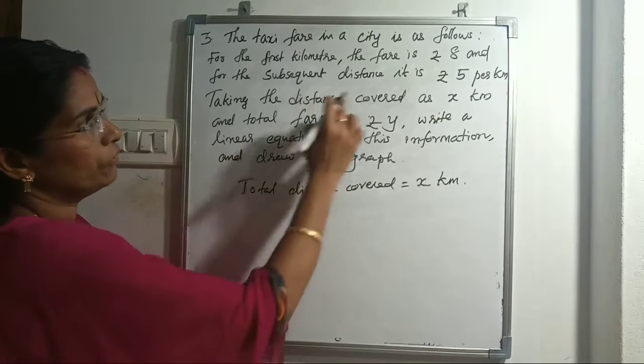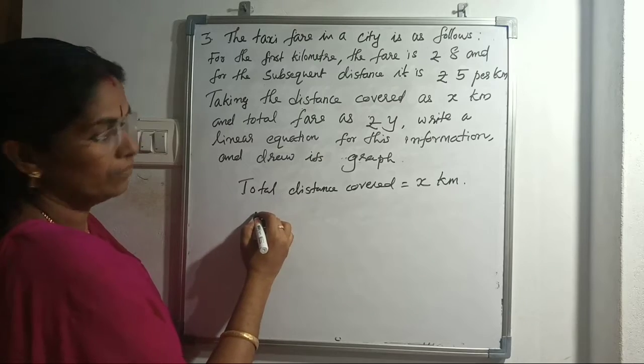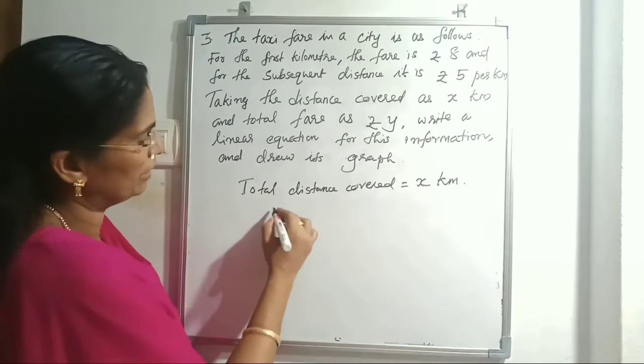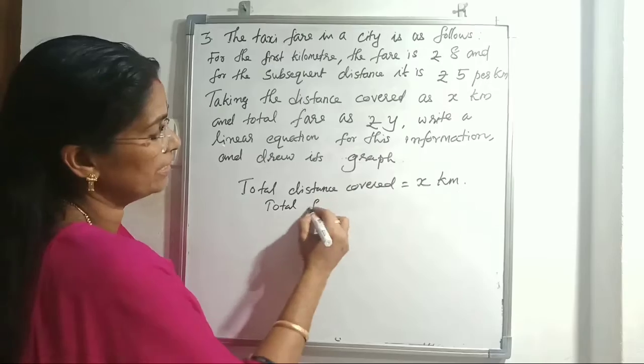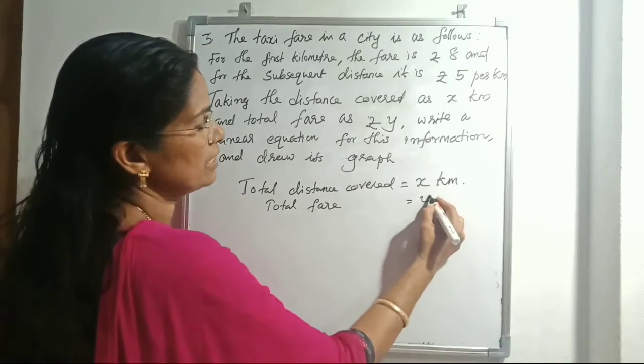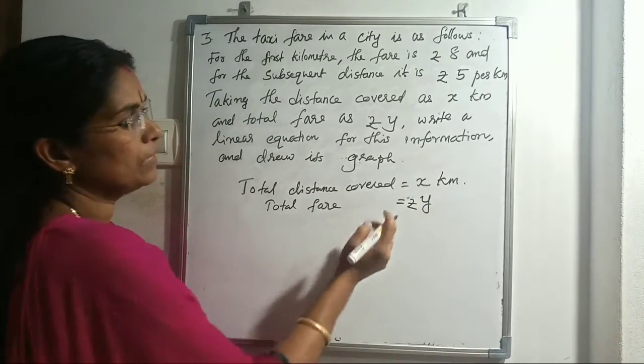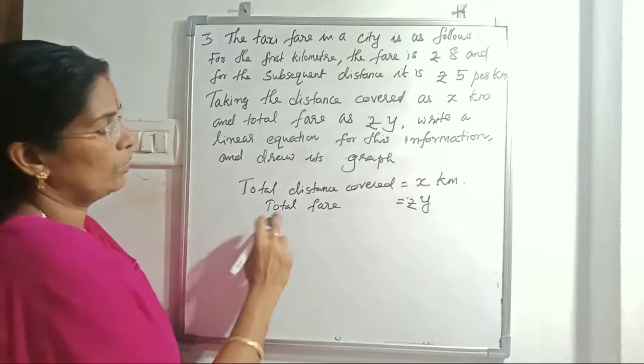So what is the fare for the first kilometer? First, the total fare is given as y. Variable we can first write: total fare is rupees y. Okay. Rupees y is the total fare.